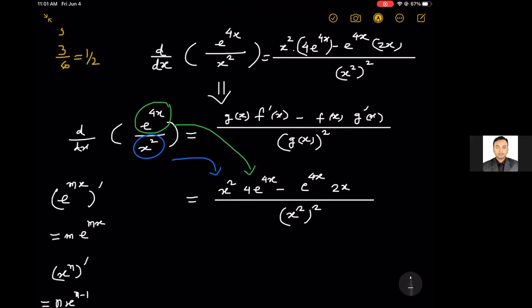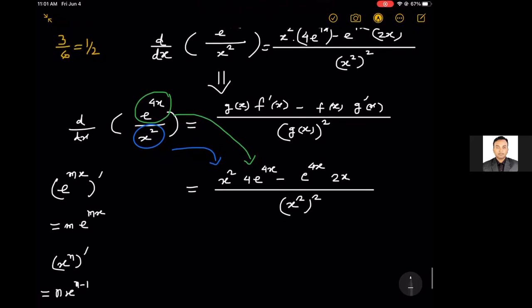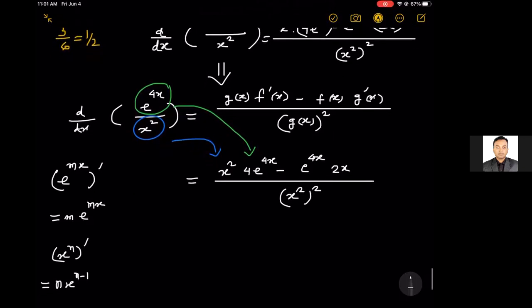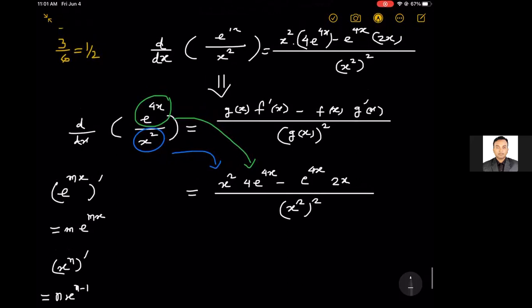You need to practice a lot of this, okay? Any question from this? As I said, we can still simplify it, and I will simplify it now. But before that, any question from the calculus part?